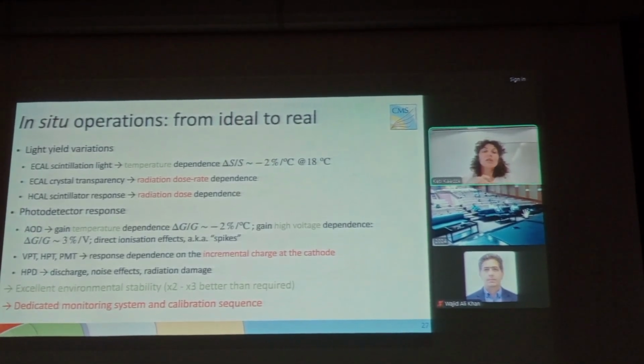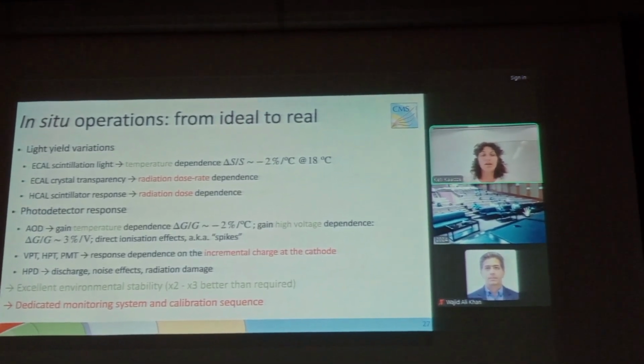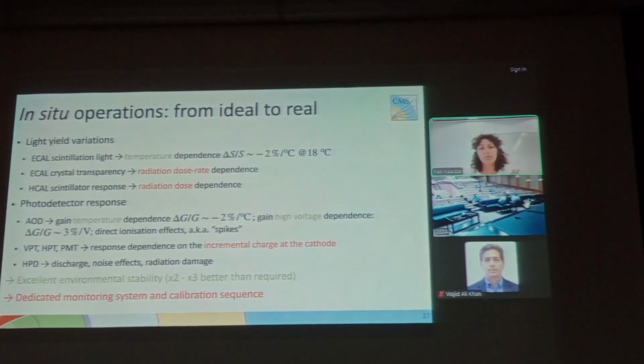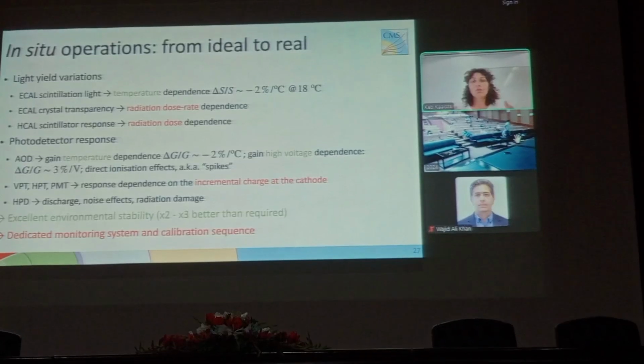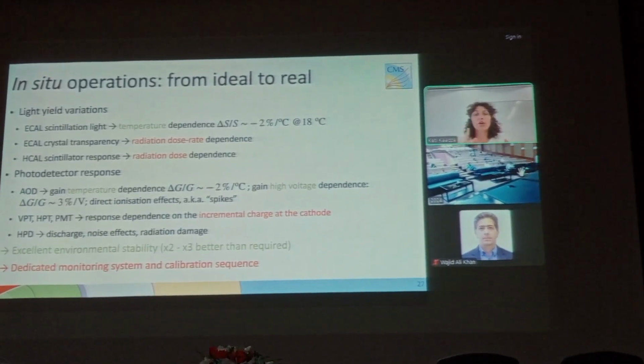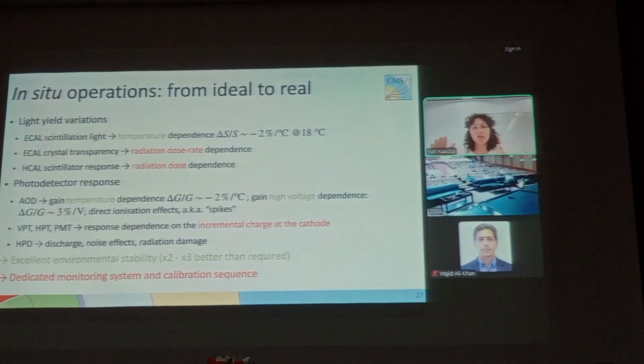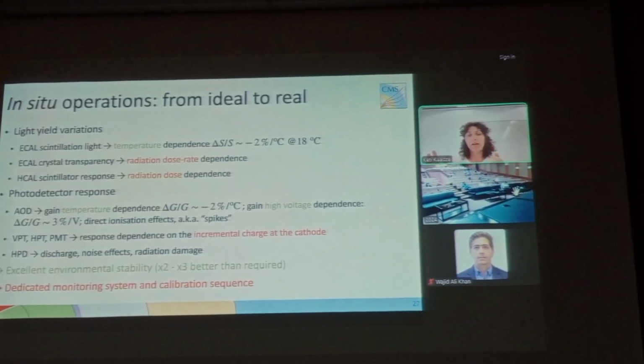So in order for our detectors to perform reliably, we need to develop many methods to monitor the detectors and to calibrate the response so that all these variations are corrected.